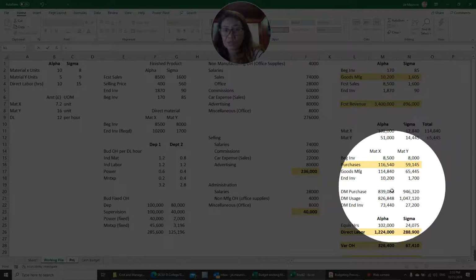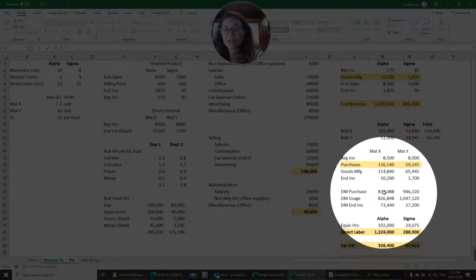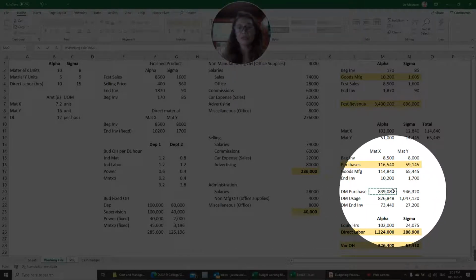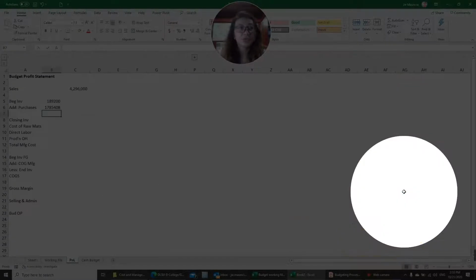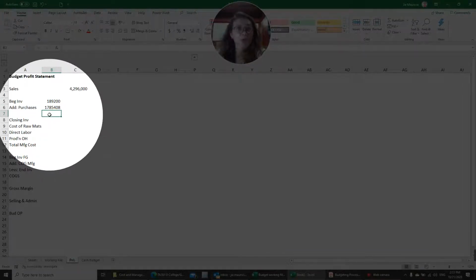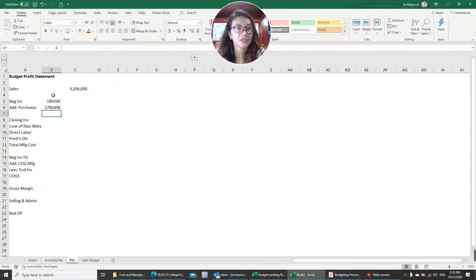This is in units, but in terms of amount, it should be this one, the direct material purchase, which is the sum of 839 plus 946. That should give us 1,785,408.